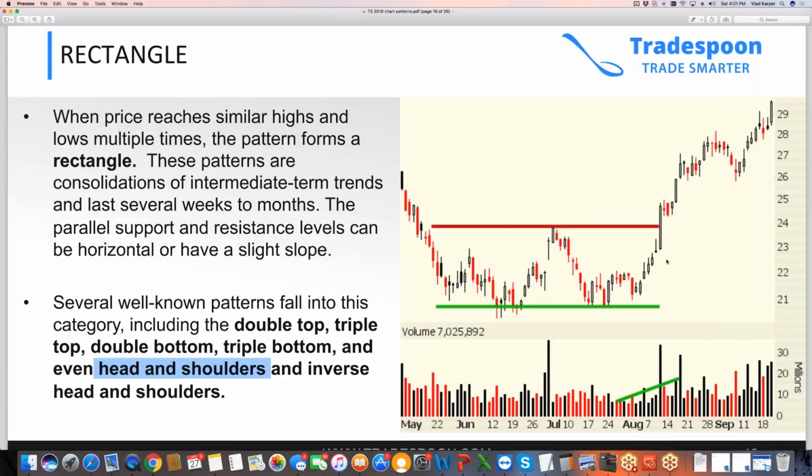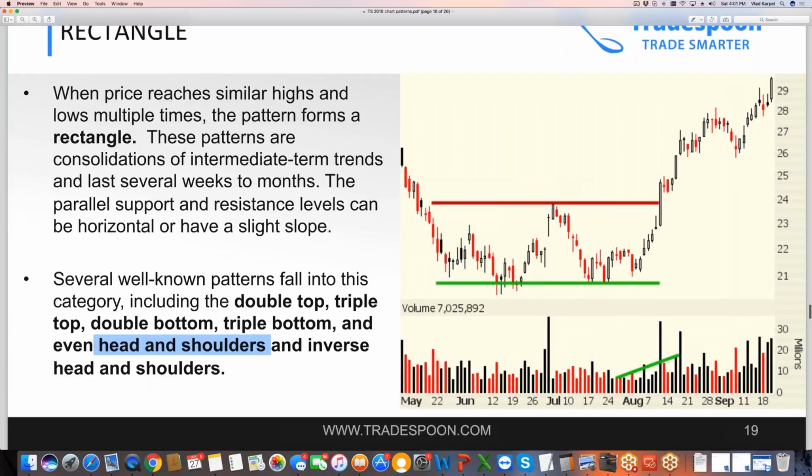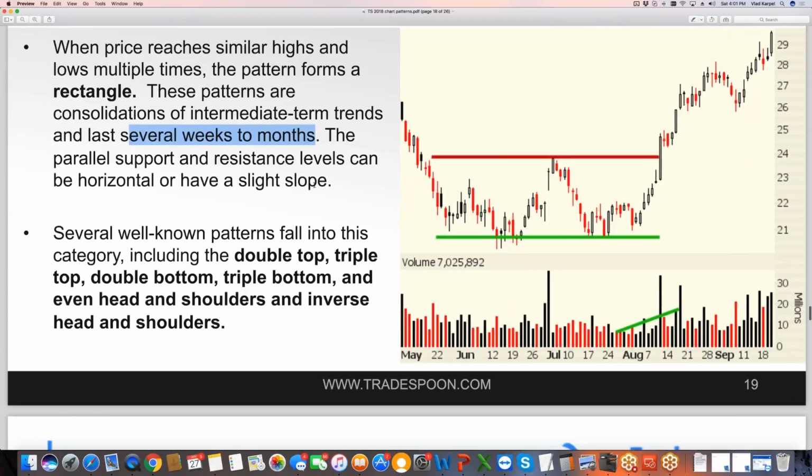So you have a head and shoulders, you have inverse head and shoulders, and this occurs when you have two parallel lines, right? If you connect the peaks and valleys, you have parallel lines that usually can take several weeks to a month. Sometimes these patterns happen within one earnings cycle. Sometimes they happen within multiple earnings cycles. That's why sometimes it takes weeks or months for the pattern to occur.